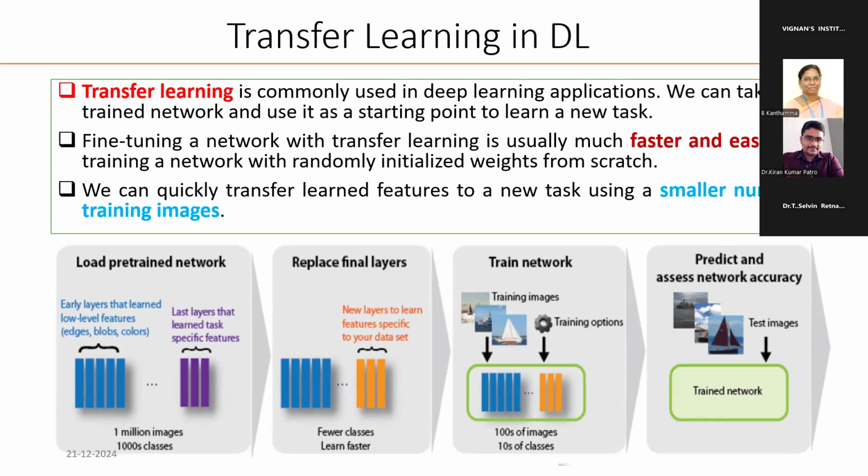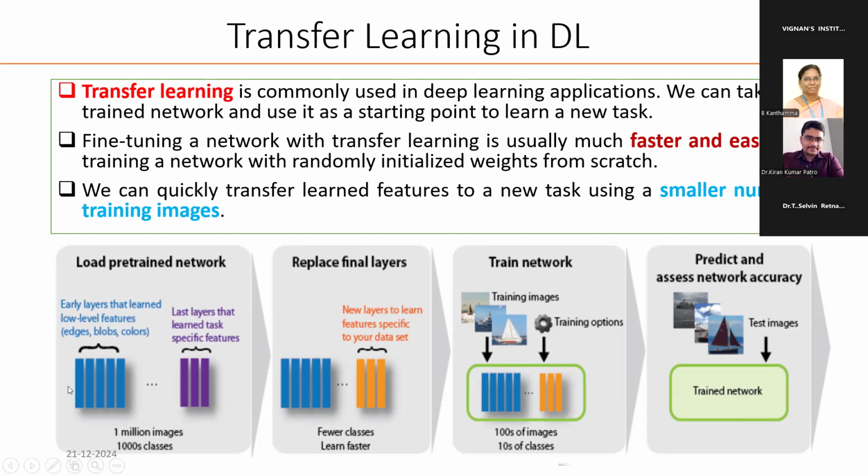If you use some other network, then it is called transfer learning. At the bottom I have given the methodology. Suppose we have a pre-trained network, which means somebody has developed a deep learning network and initialized its weights. You can use their network for your application.